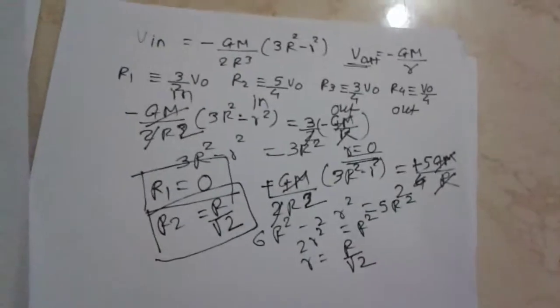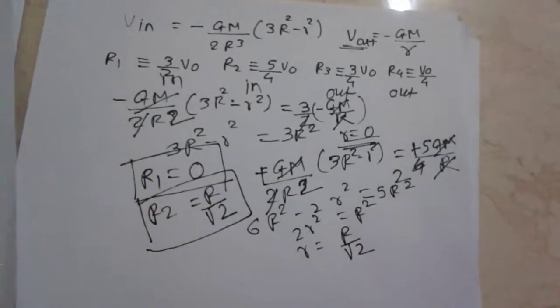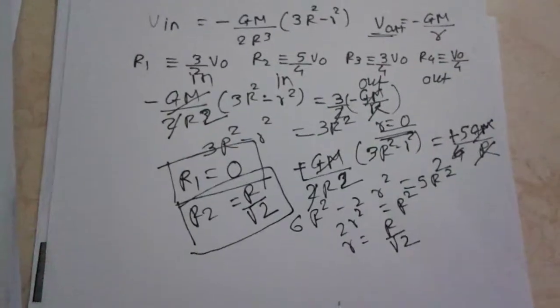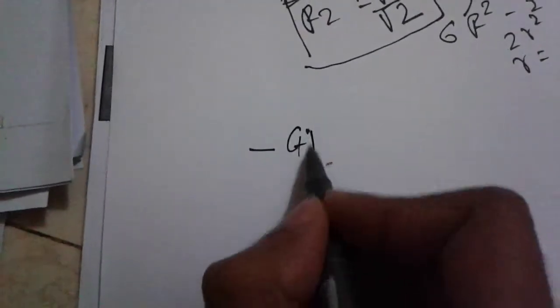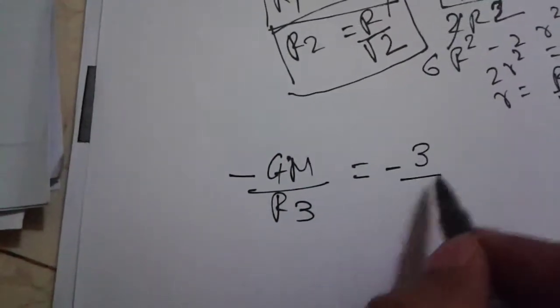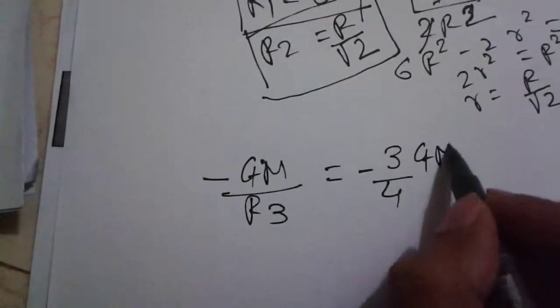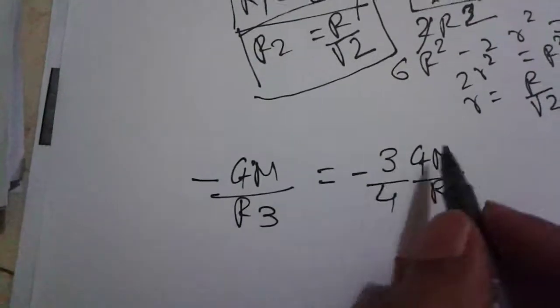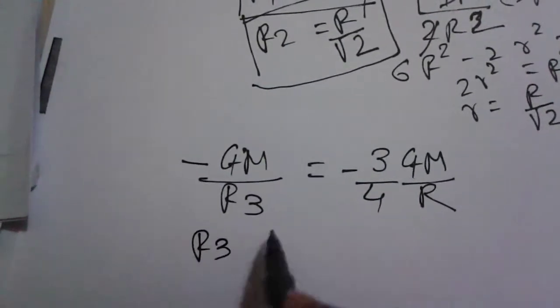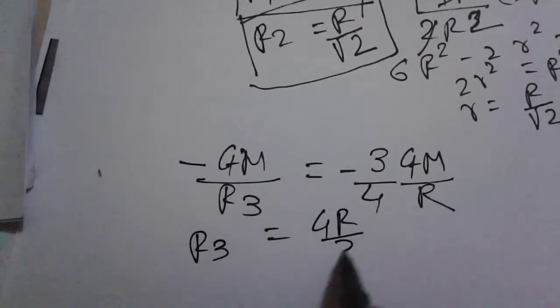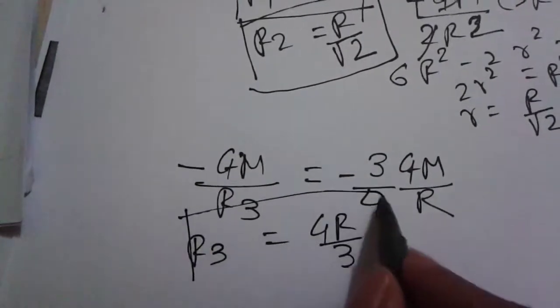On similar lines, we are going to compute R3. You can see that R3 is 3 V0/4, which is outside. So I will use minus GM upon R3 is minus 3/4, and V0 is GM upon R. GM will cancel, and I get R3 as 4R/3.